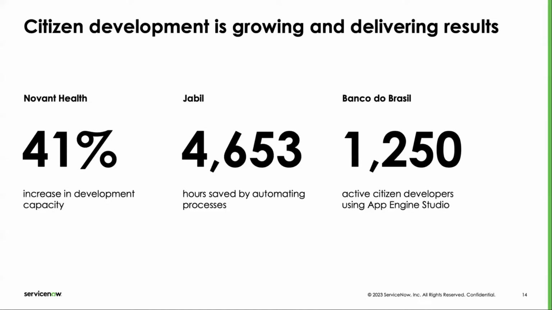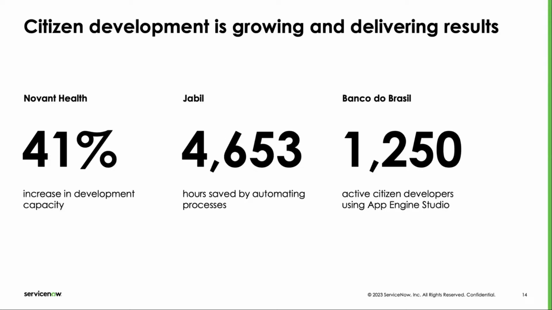There was a 41% increase in development capacity after they started bringing in delegated developers. So you went from a giant backlog that was never shrinking to a significant amount of that being taken on by those delegated developers.